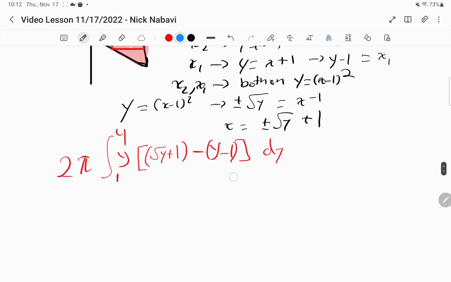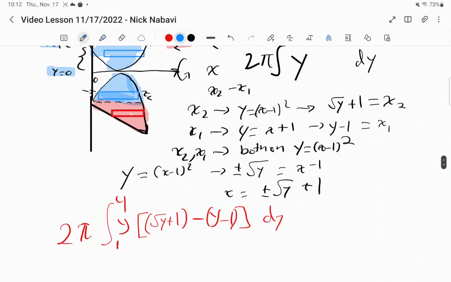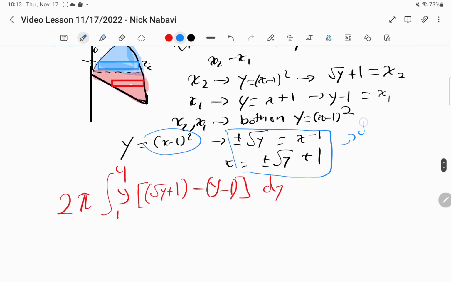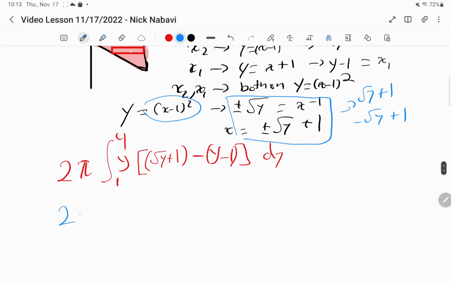Now for the blue region, if you remember, we split x minus 1 squared into plus or minus root y, so it's really root y plus 1 and minus root y plus 1. In this case, it's going to be the integral from 0 to 1 of 2 pi times y, again the radius is y, times the height.